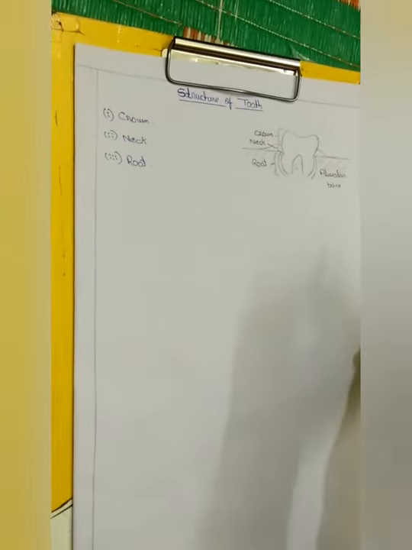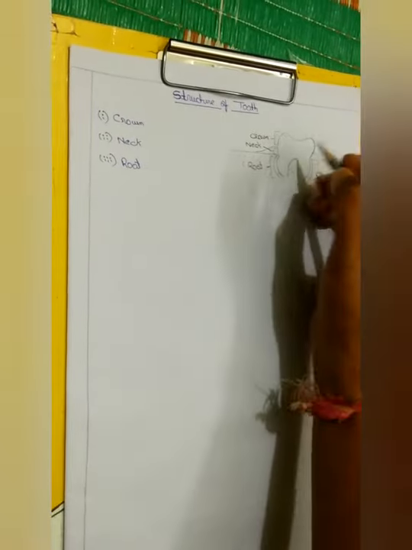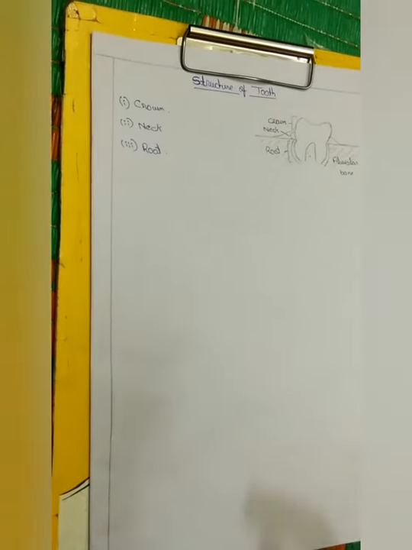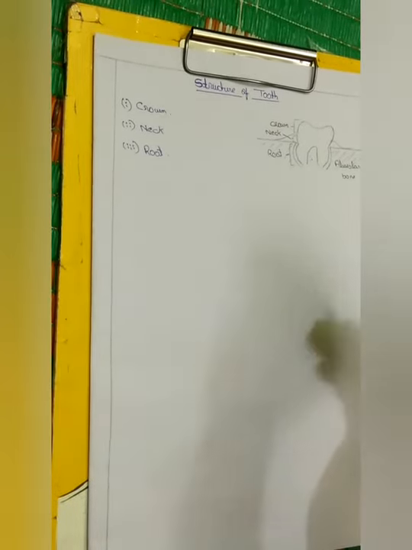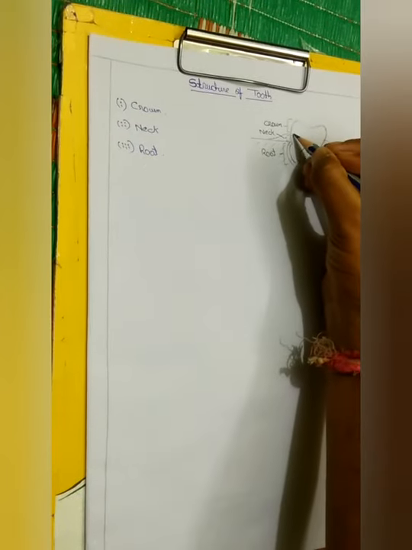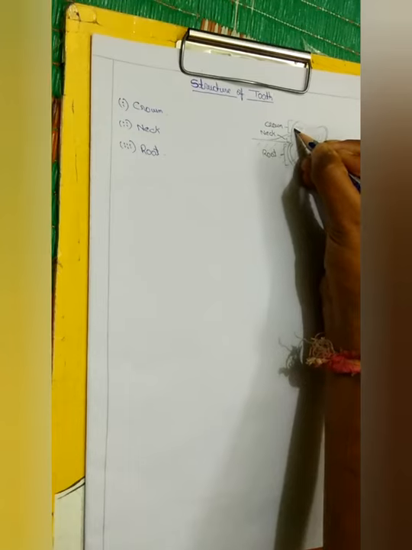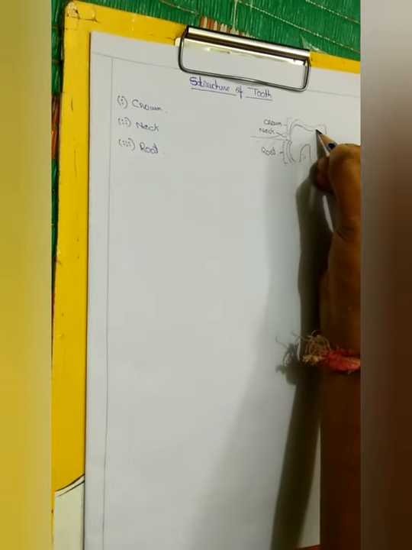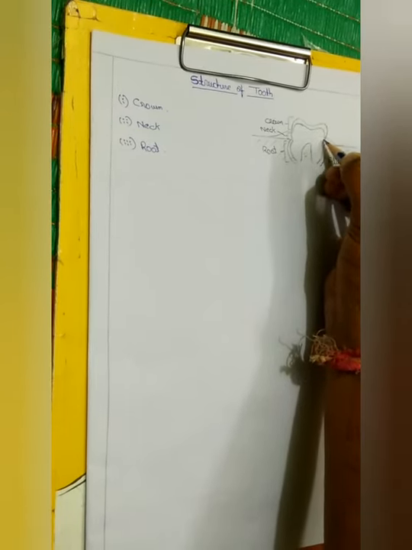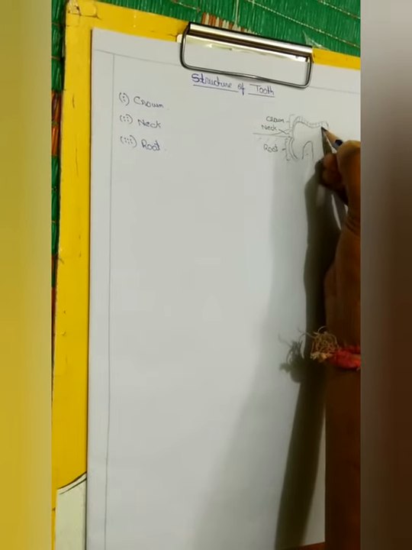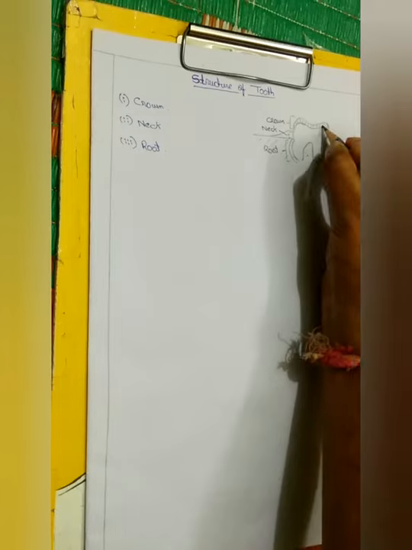So now we understand in detail. In the crown there is a hard substance present for the whiteness of the tooth. This outer layer is known as enamel.